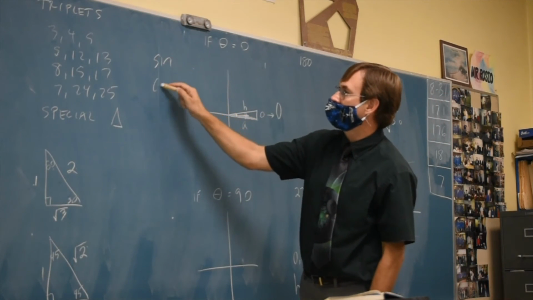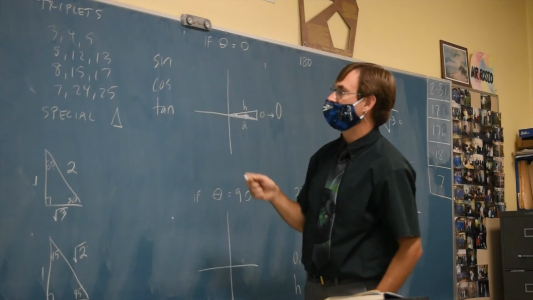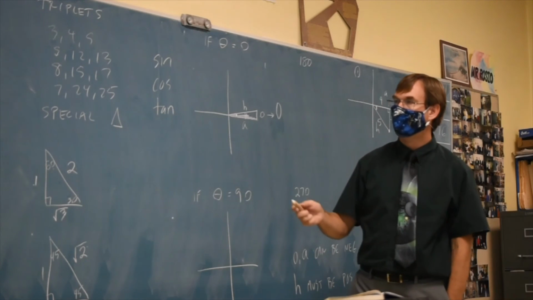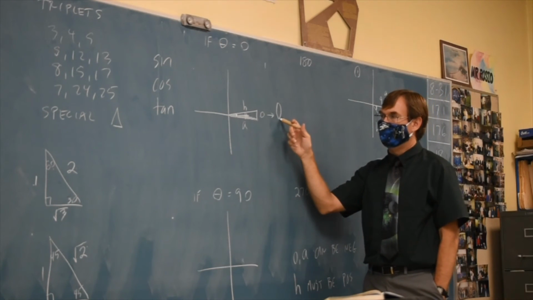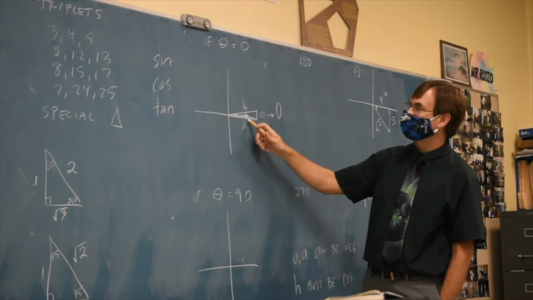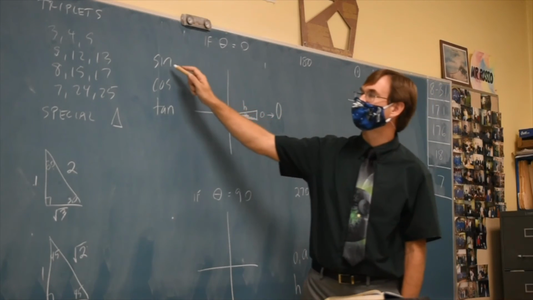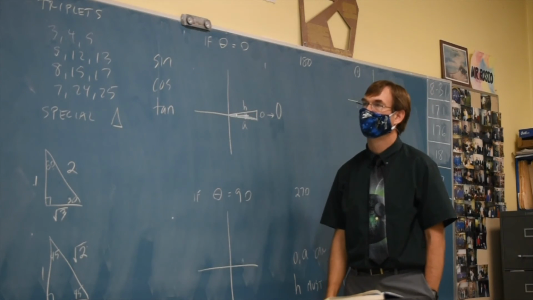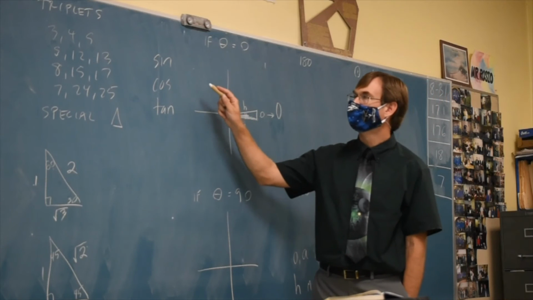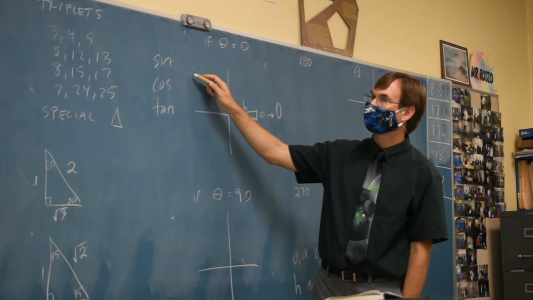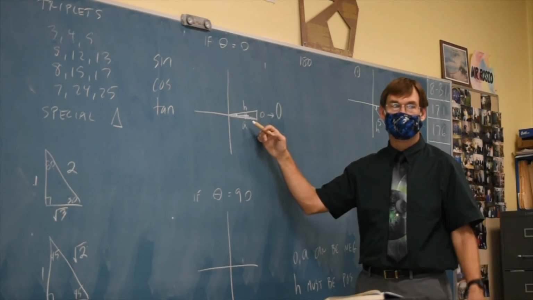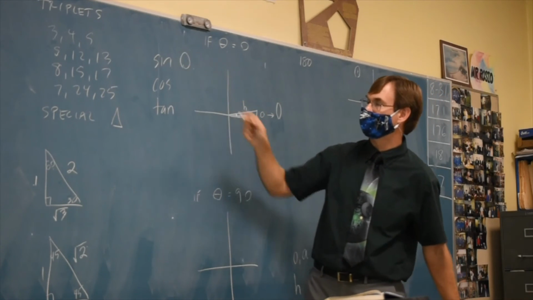So it's worth just writing these in the notes for now, but eventually we'll memorize some of this, but today's not the day to scare you with memorizing things. If the O is basically 0, and the A and H are basically a match, how much would sine be? 0.